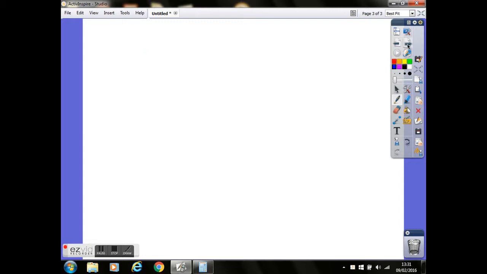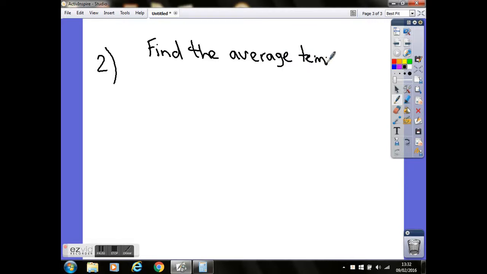Okay, so this one, we're going to look at finding the average temperature for the first week in July. So write that at the top. Find the average temperature for the first week in July.